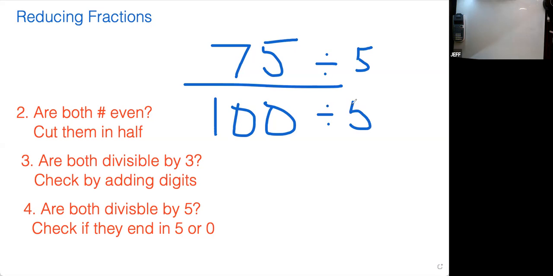There are obviously other things. 7s are very hard numbers to work with. There's no catchy little rule with 7s. But if something's divisible by 8, you can cut them in half a couple times. You always want to put yourself in the position of being in the GED test, and the simpler the task, the less we get worn out. It's like engine wear.